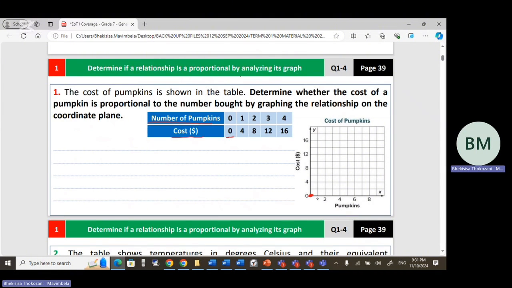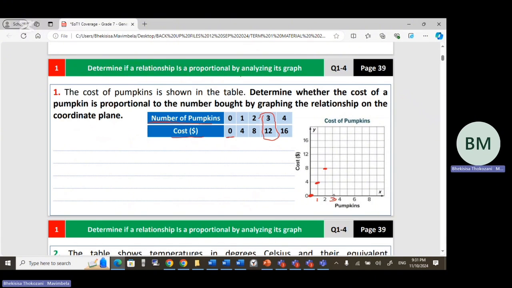And this is 1 is to 4. I'm plotting another one here. And I've got 2 is to 8, and I've got this one here. Now 3 is to 12. So this is my 3, by the way.